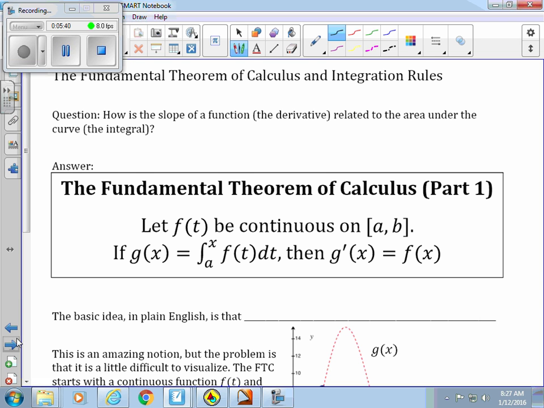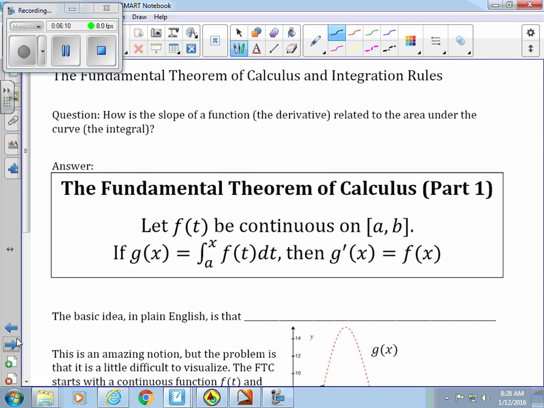In other words, the derivative and the integral are inverses. That's the main thing I want to get out of this today. We will revisit this theorem in its technicality later. But today, the big thing is that the derivative and the integral undo each other.